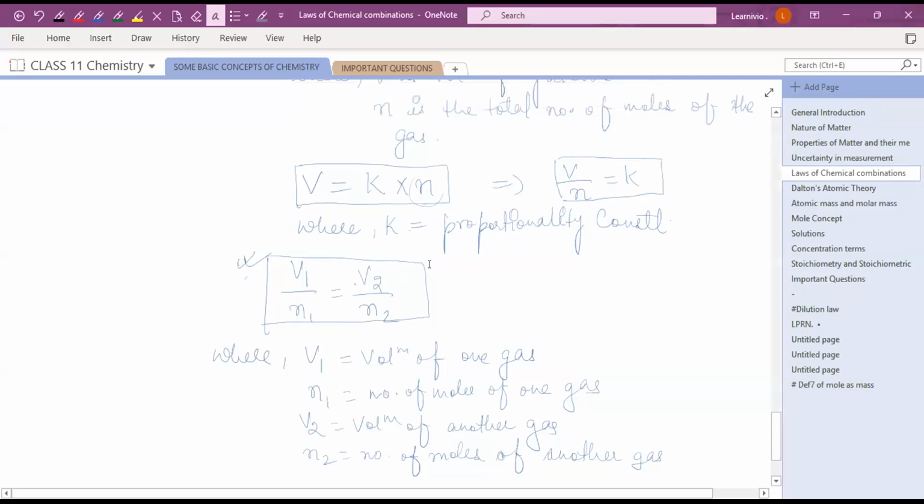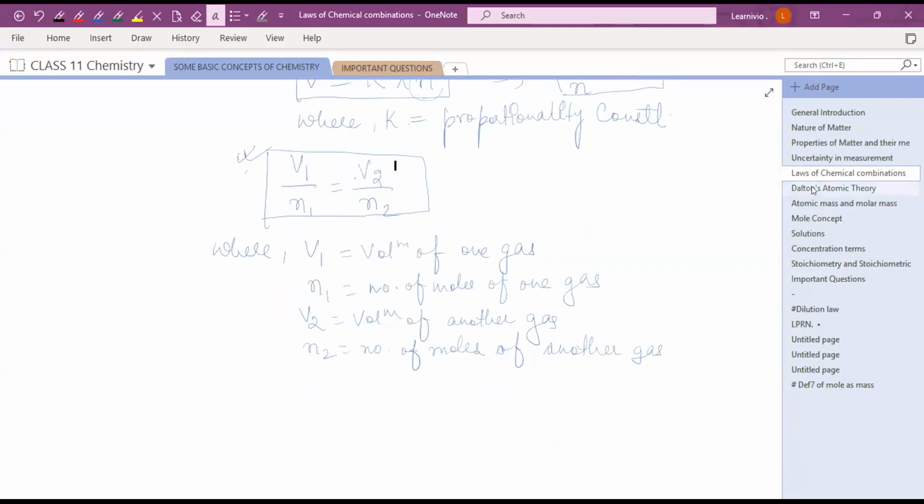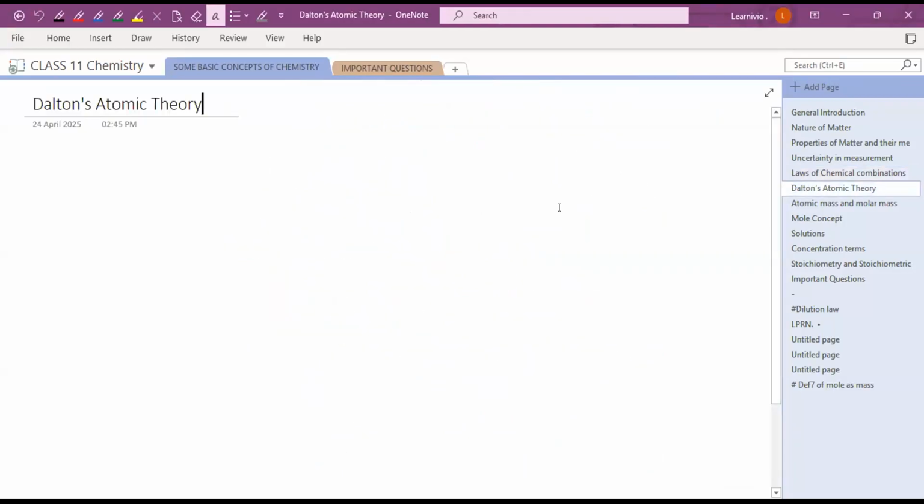Yes, ma'am. Okay, so the last topic for today's class is Dalton's atomic theory. This scientist Dalton observed the laws of chemical combination, and based on those five laws he proposed an atomic theory of matter, which is known as Dalton's atomic theory.